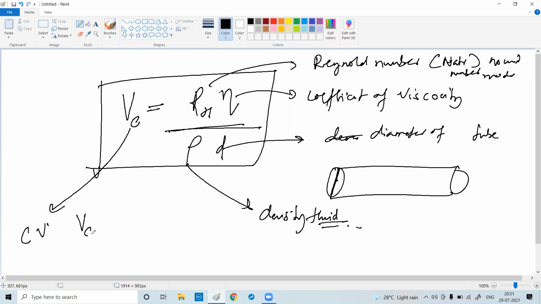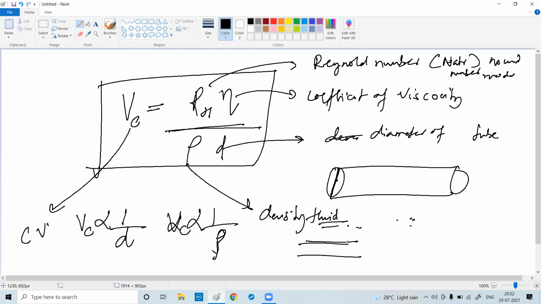So what do you see? Can we conclude from this that critical velocity is inversely proportional to the diameter, and inversely proportional to rho? That means if the density of the fluid is very high, like honey, which is more dense than water, then if you want to flow honey and water, which will go faster?